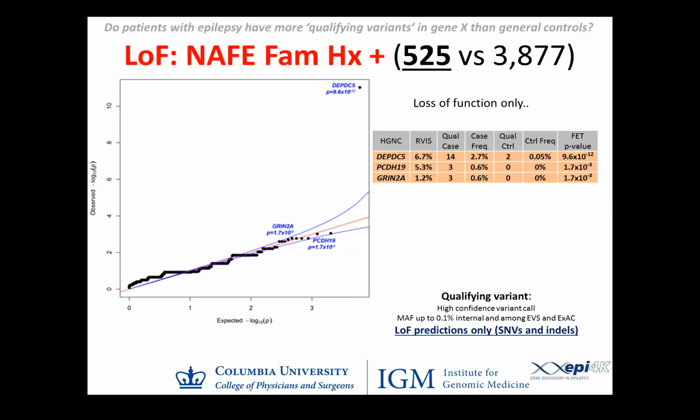In fact, when you focus back on the missense variants, even those predicted to be probably damaging by tools like PolyPhen, there does not seem to be any elevated rate of such missense alleles in DEPDC5 among cases, given what you would expect based on the sampling of the general control background variation. And so this has some important implications in terms of interpreting DEPDC5 variants within the clinics as well.